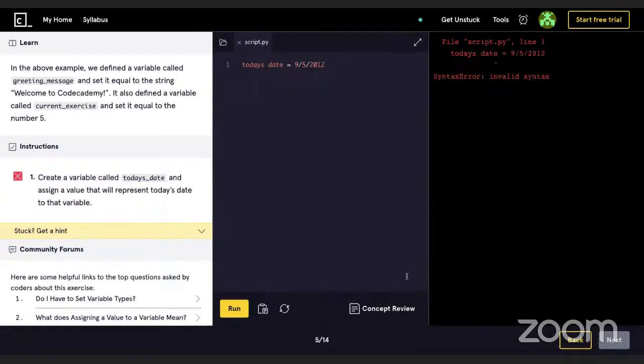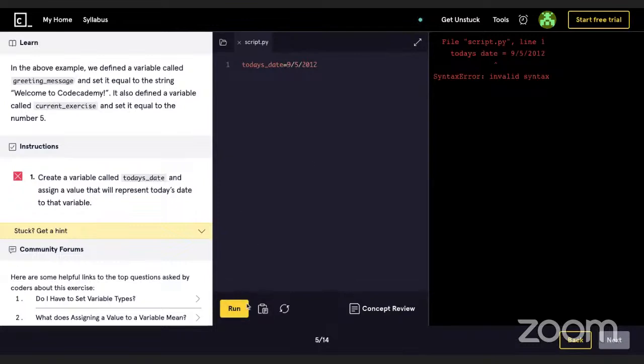Then on the second line, you need to put an underscore in between today's and date. You need to put an equal there as well. After the date, you need equal.